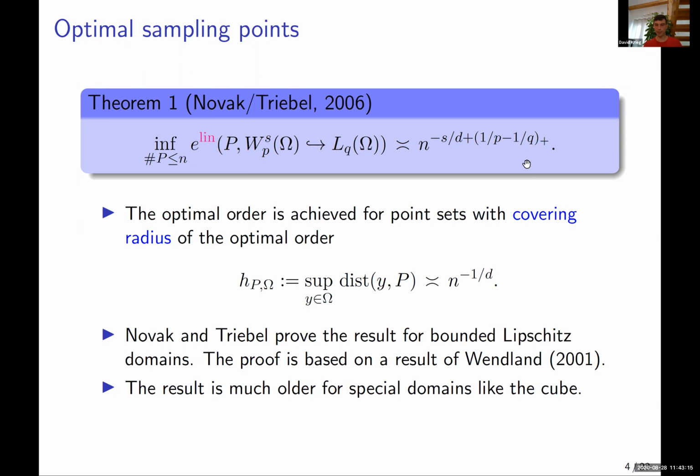And the proof is actually based on a result of Holger Wendland from 2001, I think. Yes, 2001. And this one is important for us too. We will use it in the proof. And actually the result is much older if you consider special domains like the unit cube, for example.